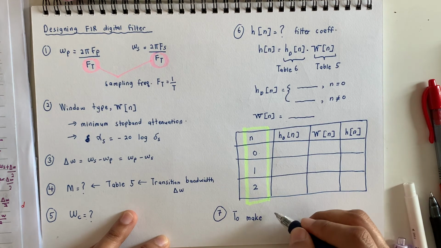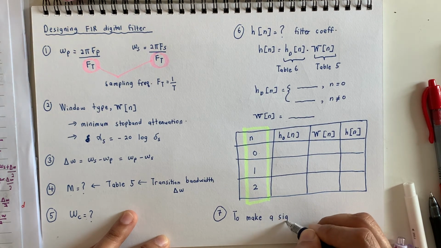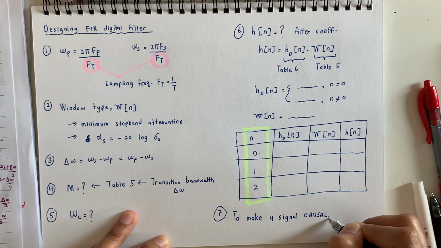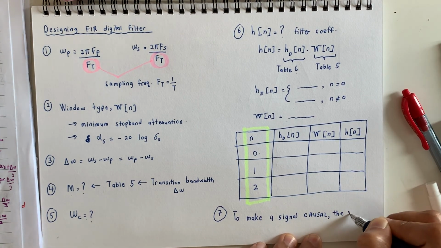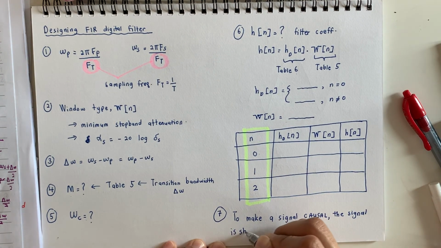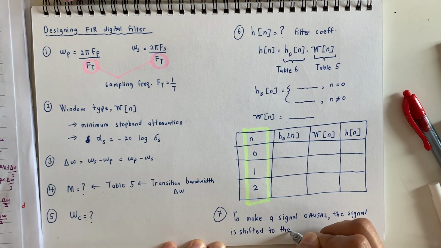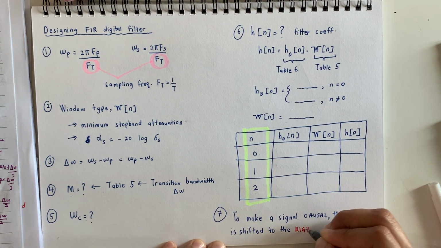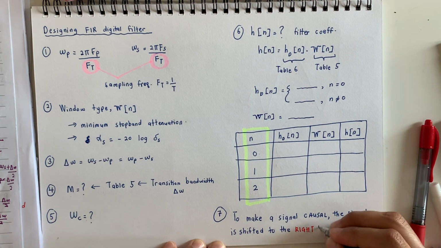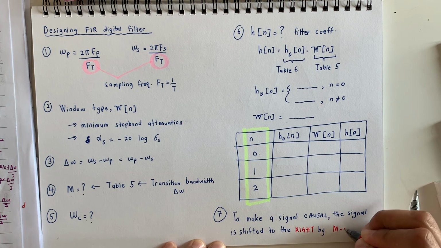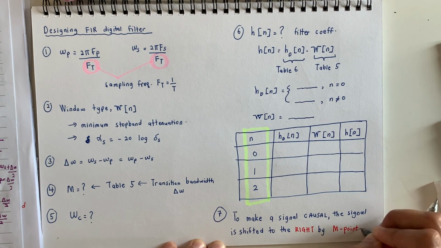You just put: to make a signal causal, the signal is shifted to the right by M points.